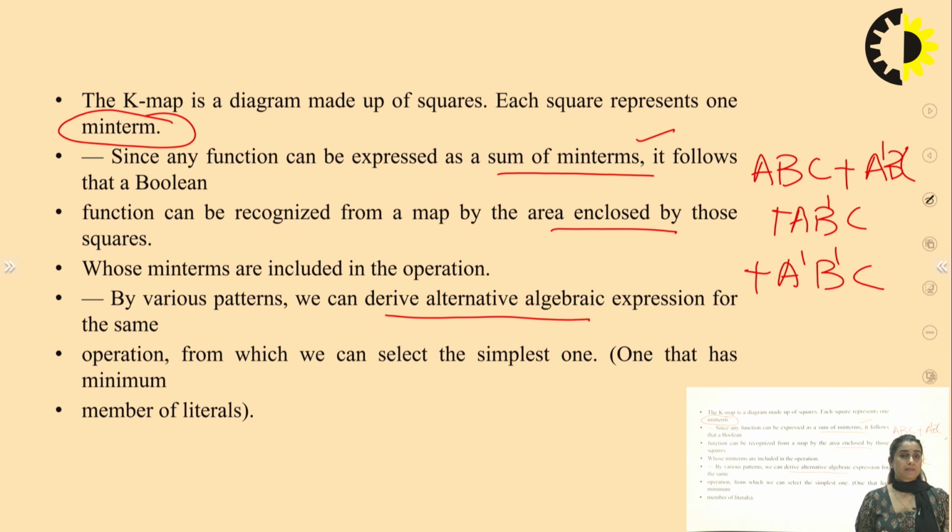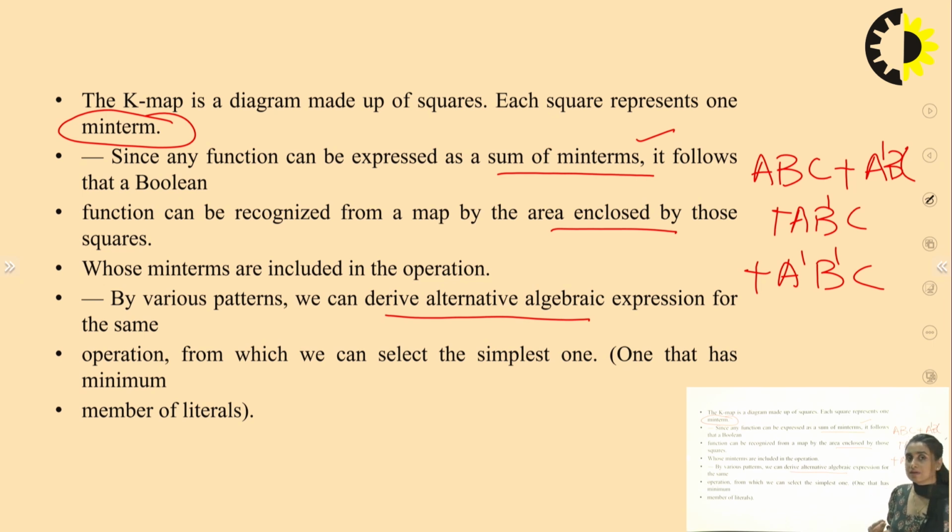I'll have to apply Boolean algebra formulas, but the K-map will help me reach my final step without using all those formulas and without going through multiple steps. I can represent it in a tabular form, and within one or two steps I can derive my result, which, if I want to minimize this, I might have to use 7-8 steps using those Boolean algebra formulas. So K-map helps in such a way.